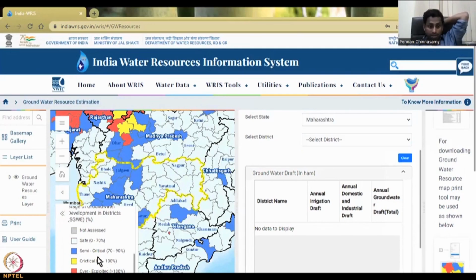It can also tell you that if you're taking more water than the groundwater availability, then you are actually depleting your aquifer, which is the red color, overexploited. If you're taking around 100%, then it is critical. And semi-critical is 70 to 90%.